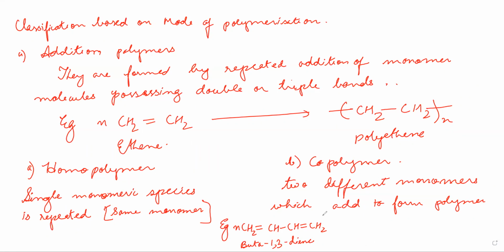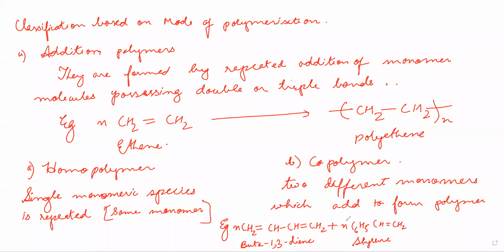This is one monomer. And the next monomer I am going to take is C6H5CH=CH2, which is known as styrene. It is an organic compound. Here also we have a double bond, and it is fulfilling the condition of repeated addition of molecules possessing double or triple bonds.